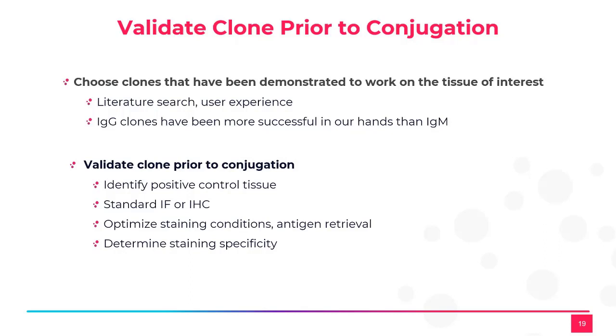What this means is you must identify a positive control tissue, perform a standard immunofluorescence or IHC experiment to identify positive staining, and then you want to optimize the staining conditions and antigen retrieval conditions if applicable. And finally, you want to validate the staining specificity prior to proceeding with a conjugation reaction.